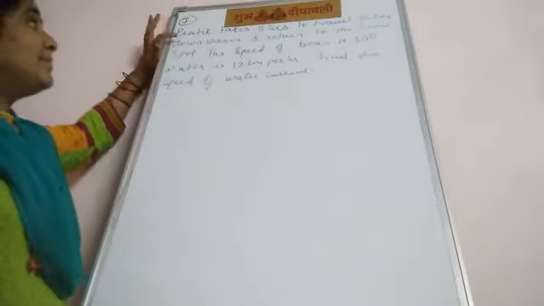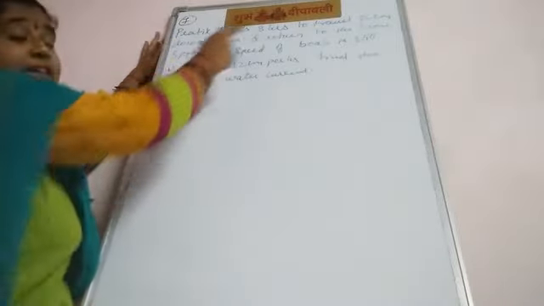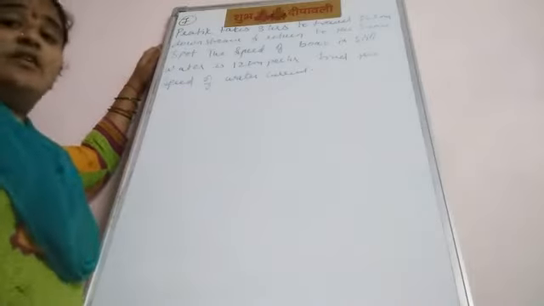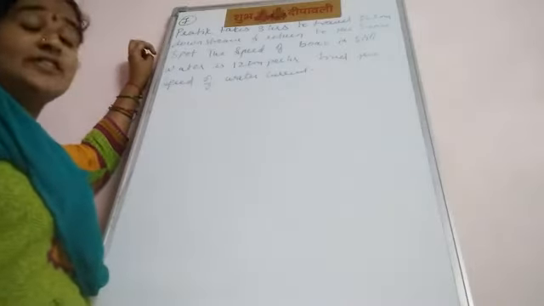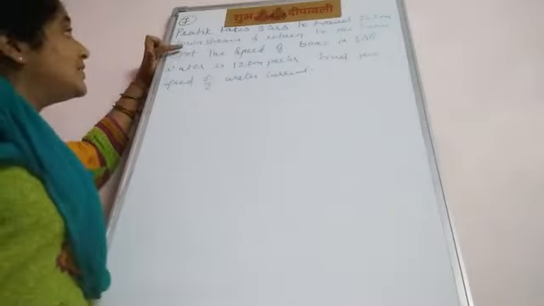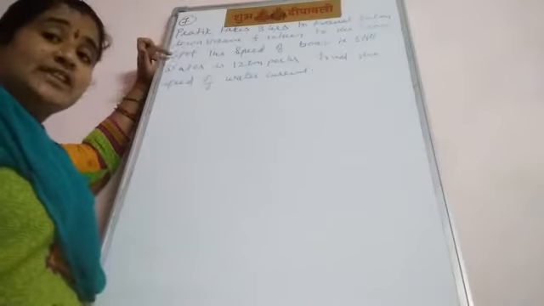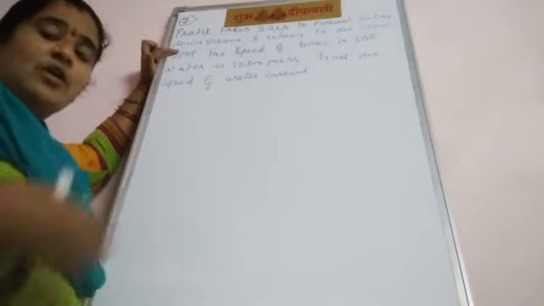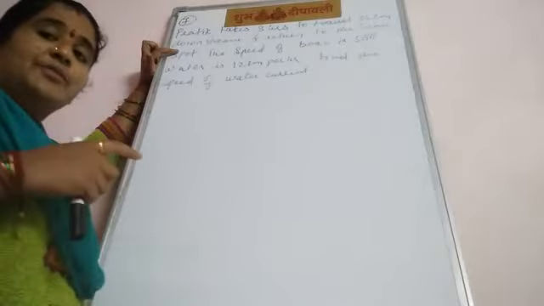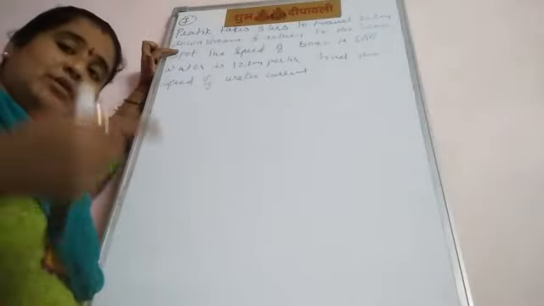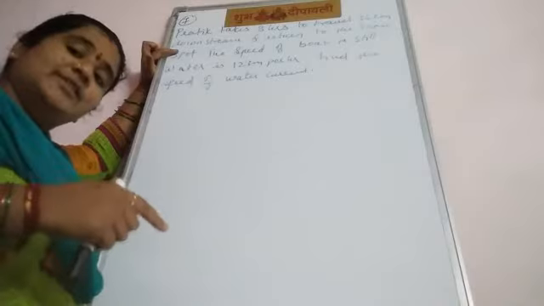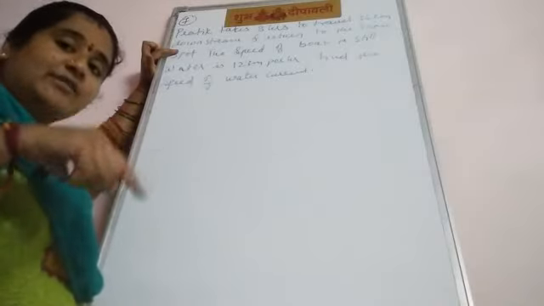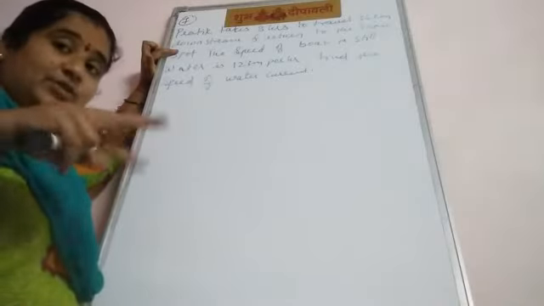See here. Pratik takes 8 hours to travel a distance of how many kilometers? 36 kilometers downstream and return to the same spot. That means downstream and upstream, both 36 kilometers, 36 kilometers downstream and 36 kilometers upstream, in a time of what? 8 hours together.